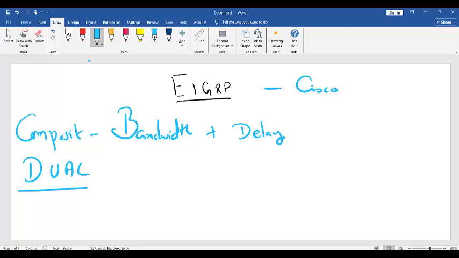Now, the diffusing update algorithm, DUAL, is doing two jobs here. Number one, finding the composite value. Number two, picking the low cost path, at the same time a loop free path.